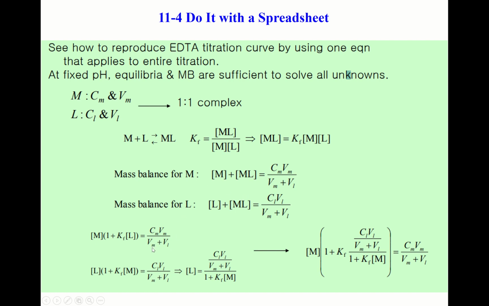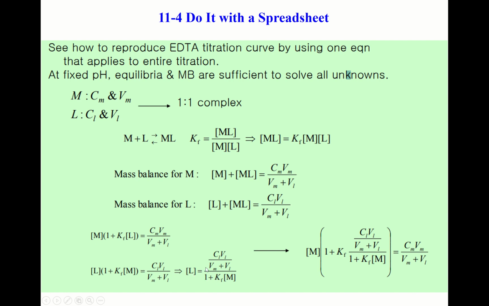Now rearrange these equations to obtain the equations we will use later. This is a simple rearrangement. Rearranging this mass balance equation for M, we get this one. For L, we get this one. And from this equation, we write the equation for free ligand concentration.